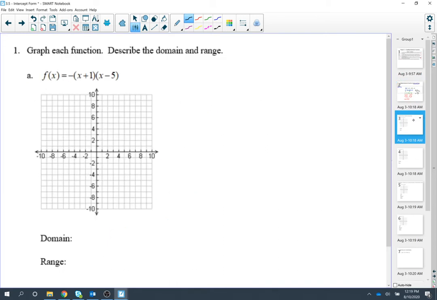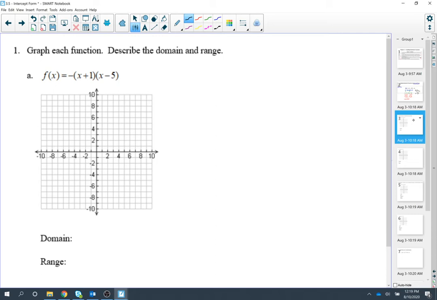Example 1: graph each function, describe the domain and range. So letter A, we have f of x equals negative x plus 1 times x minus 5. Now that is in intercept form. Because it's in intercept form, or factored form, that means we're going to find our x-intercepts.